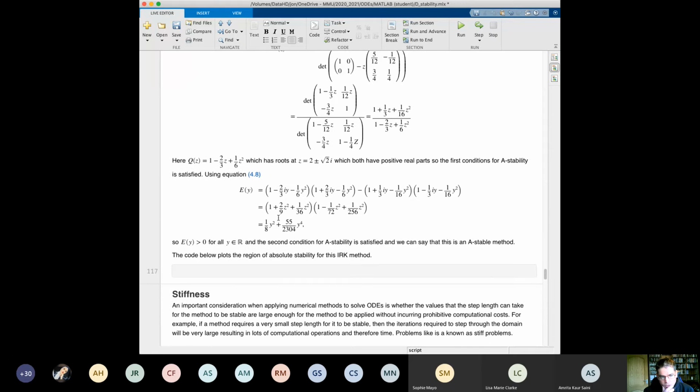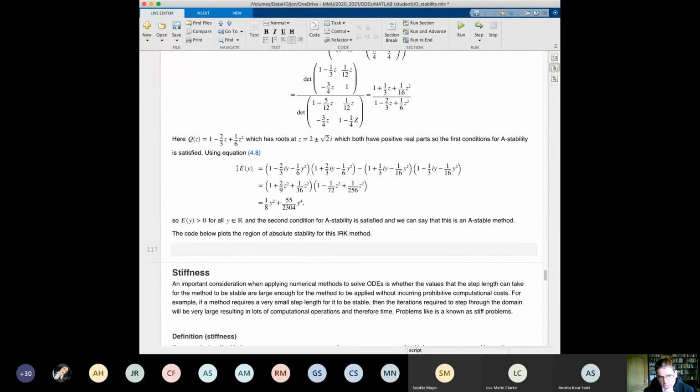For the second condition, if we determine what E(y) is, this does require a bit of algebra. When you do this, you should find that the imaginary parts cancel out. So we're left with 1/8 y squared plus 55 over 2304 times y to the power 4.